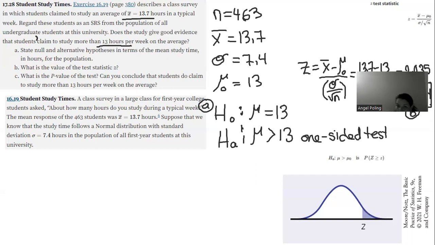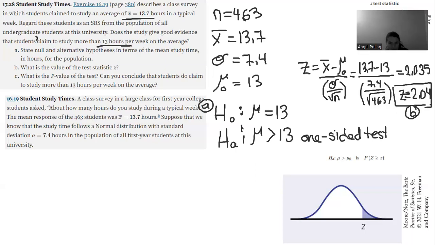Okay, so what's the p-value of the test now is what they're asking us for letter C. They should have just split this up: find the p-value and then make your decision, but they put it in one question. So we're going to find the p-value and then make our decision.